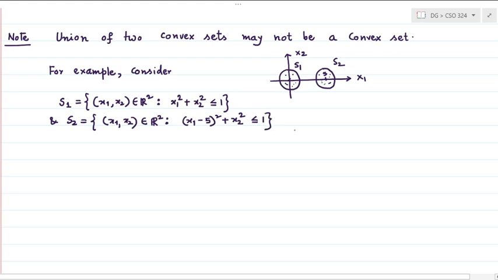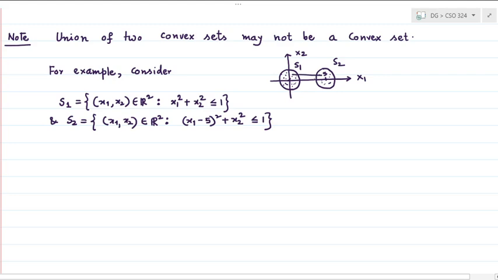So these two sets are individually convex, but their union is not convex, because you take a point in S1 and a point in S2, join the line segment joining them, and there are many points which are not inside S1 union S2.